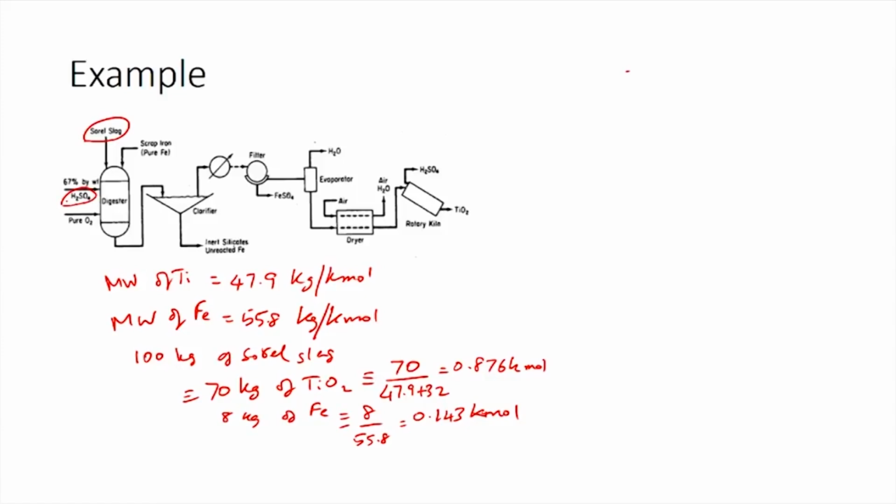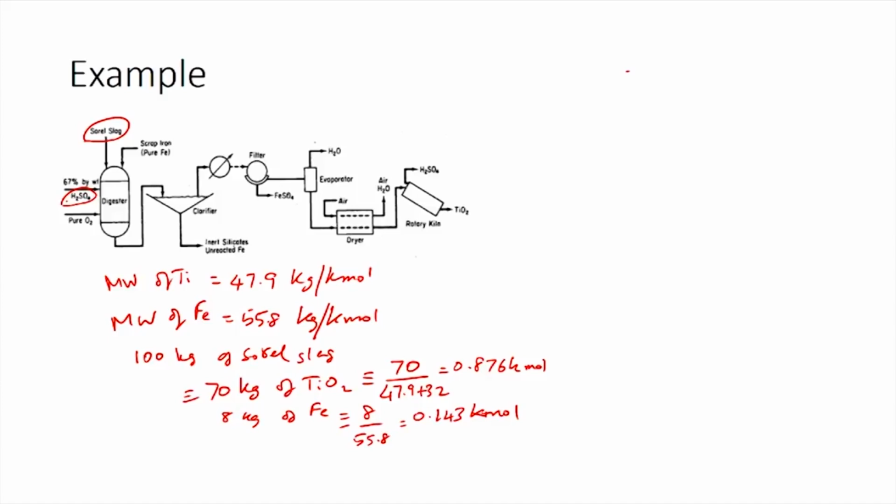The problem statement tells us that H2SO4 is fed based on the theoretical requirement of sulfuric acid as per the sorrel slag. This means the amount of sulfuric acid which is required to react with TiO2 and iron has been fed.